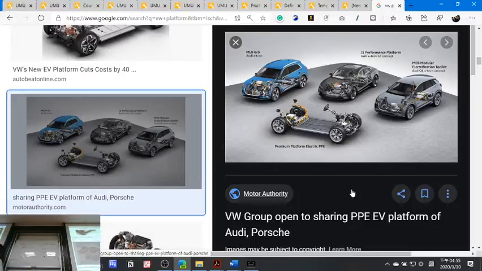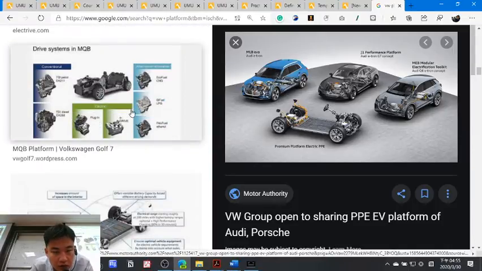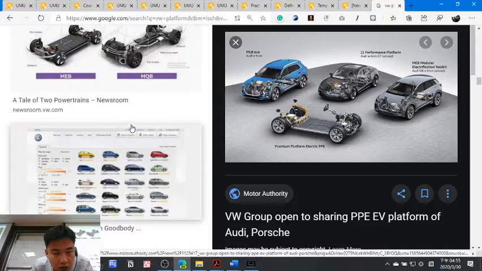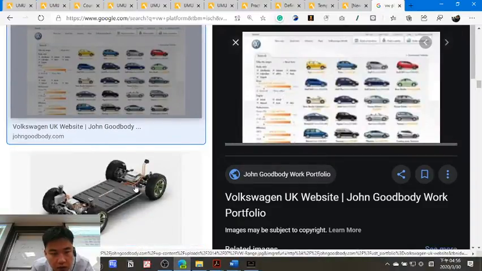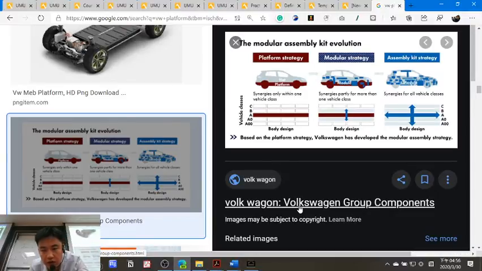in multi-models. For example, here we can see you have Audi. Okay, Audi is the premier brand, right? It's the high-end brand. And you can see the platform can also be used in the Volkswagen cars. Okay, this one is better to explain Volkswagen strategy.